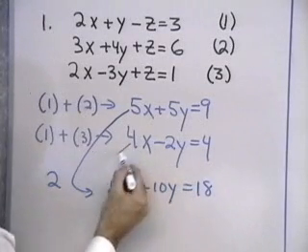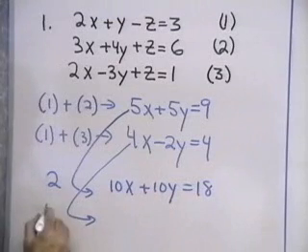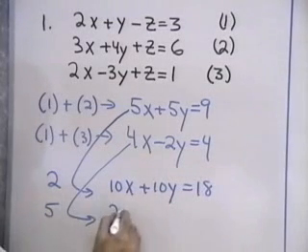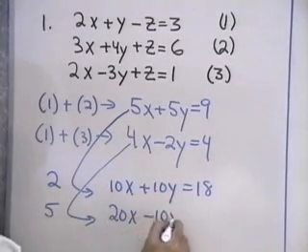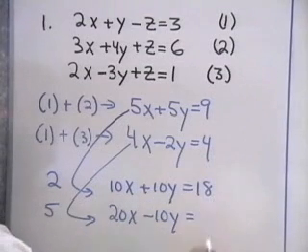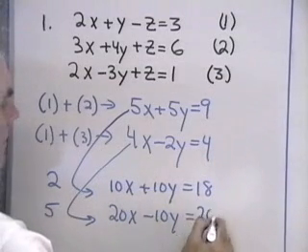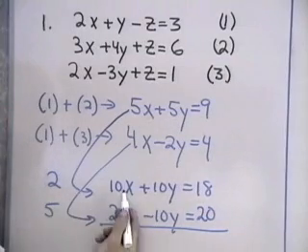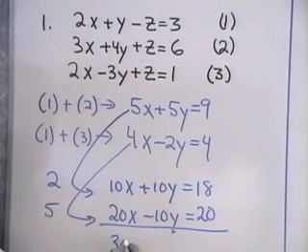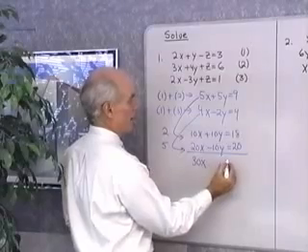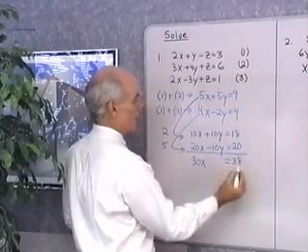Then I'll multiply the second equation by 5, and I'll have 20x minus 10y is equal to 5 times 4, which is 20. Now when I add them together, 10x plus 20x is 30x, plus 0y is equal to 38.